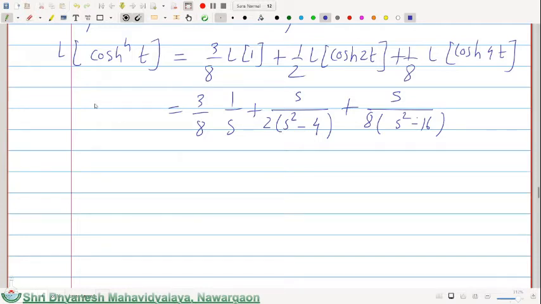So this is your final answer, the Laplace transform of cosh⁴t. Hope this is clear to you.